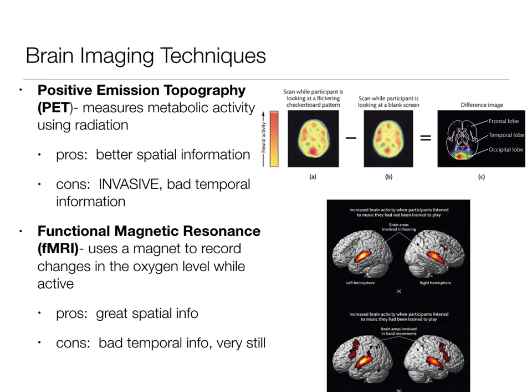So being very still is a con as well because it limits who you can do it with. We'll see things like NIRS and EEG being used a lot with small children because while you still need to maintain a semblance of being still, it's really just keeping your head still. The rest of your body can have some movement, whereas with the fMRI, you're not going to be able to have that as much.